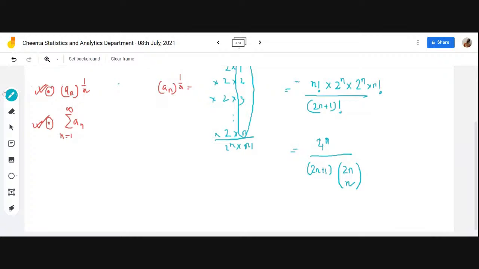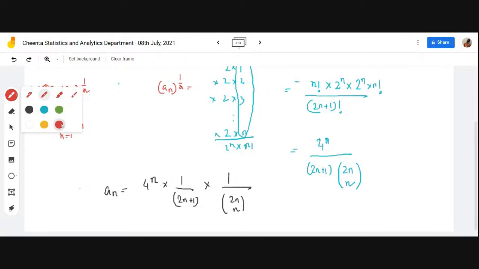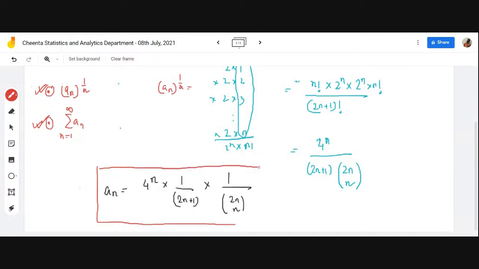So all of you agree with me that we have got this equation: n is equal to 4 to the power n into 1 by 2 to the power n, (2n plus 1) into 1 by 2n choose n. We have got this, guys. Did you get this? All of you agreeing with me? Any doubts in this derivation?